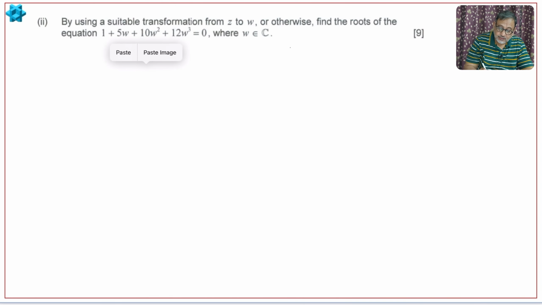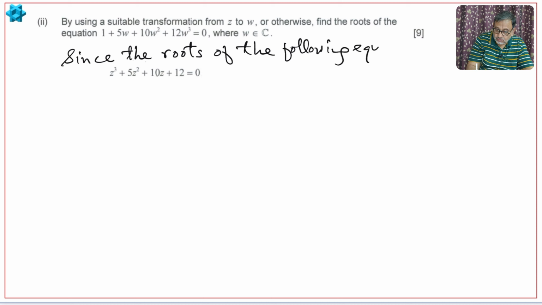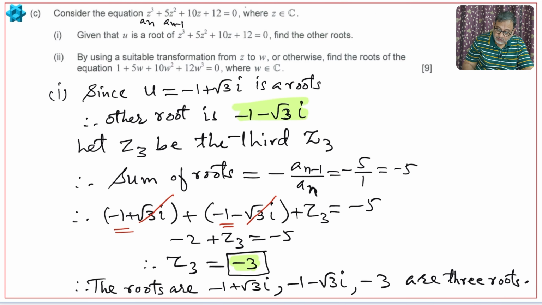See, we have three roots here, I wrote, okay.